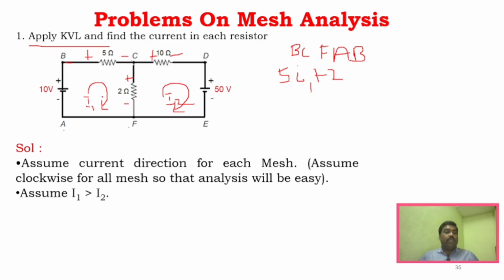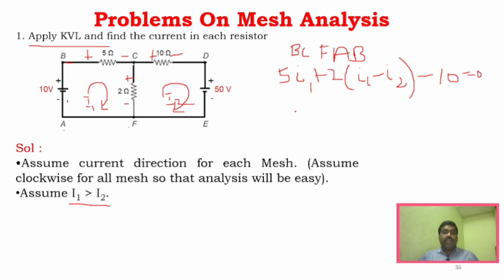And here you have both I1 and I2. So how will you write? I already said you have to always assume I1 is greater than I2, so you will consider I1 minus I2. And here it is minus, so you write minus 10 is equal to 0.